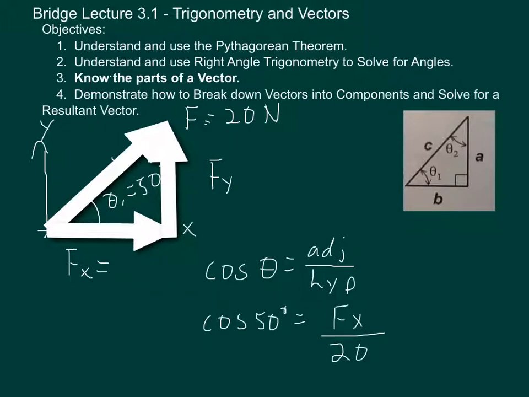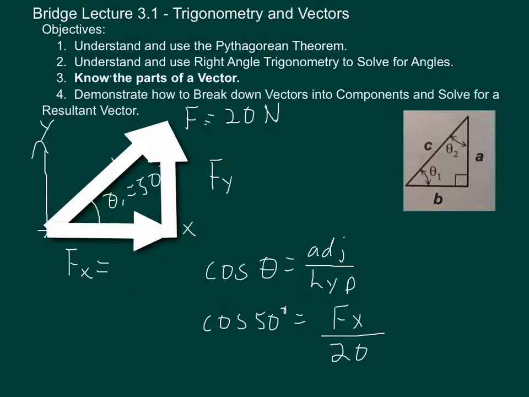Okay, so now let's get f of x and f of y. So we see for f of x that theta 1 is 50 degrees. So f of x is adjacent to theta 1. So the cosine of theta 1 is adjacent over hypotenuse. The cosine of 50 degrees equals f of x over the force of the hypotenuse, which is 20 newtons.